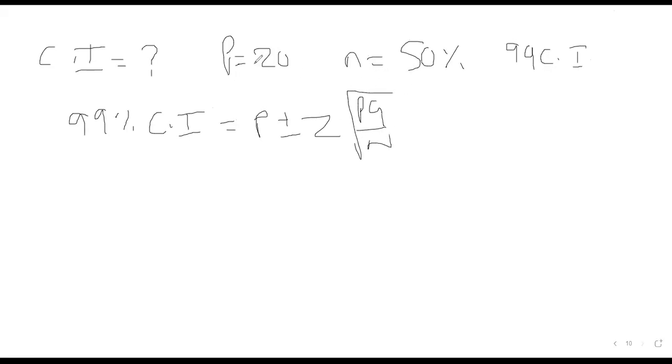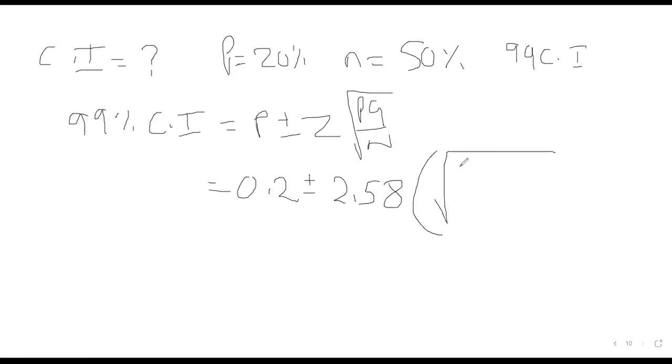So our P is 20%. So we'll put 0.2. What is our Z? From the 99, 2.58. And if P is 20%, what is our Q?